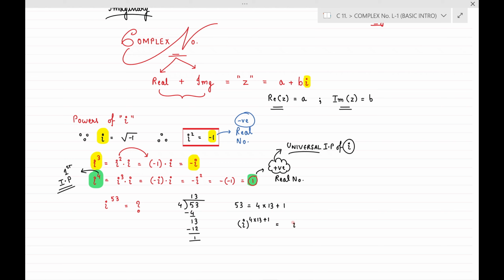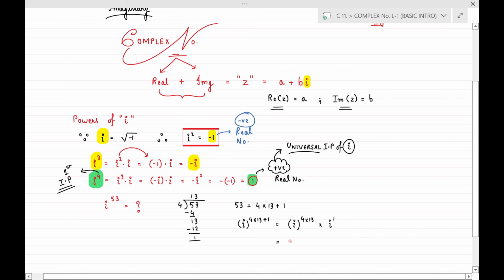So the result can now be written as iota to the power 4 into 13 into iota to the power 1. I have split the power. The plus part can be split as multiplication part according to indices rule. Now iota to the power 4 to the power 13.